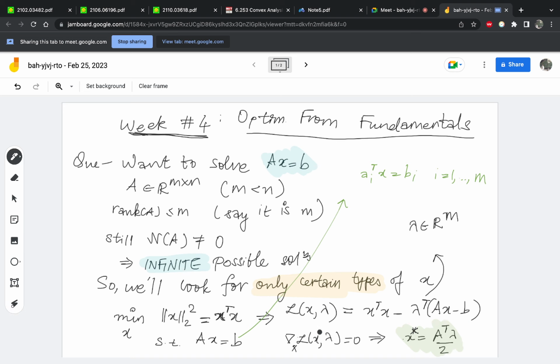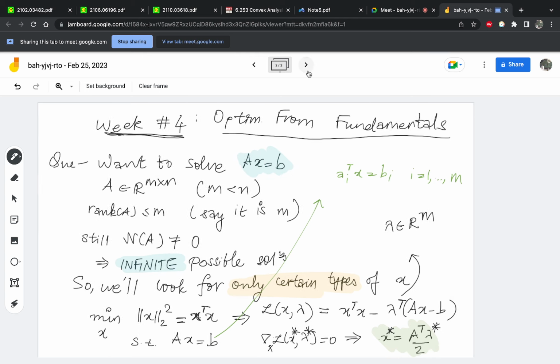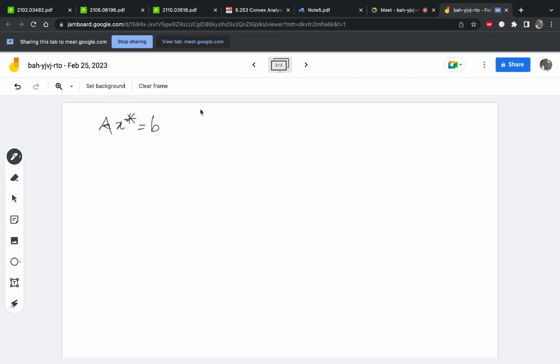So actually here let me put both x star and lambda star, because I am looking for a candidate solution, right? So what we'll end up getting is A transpose lambda equals 2b.